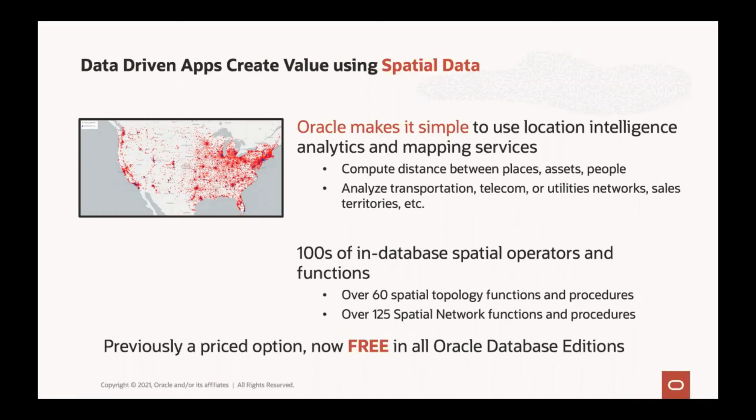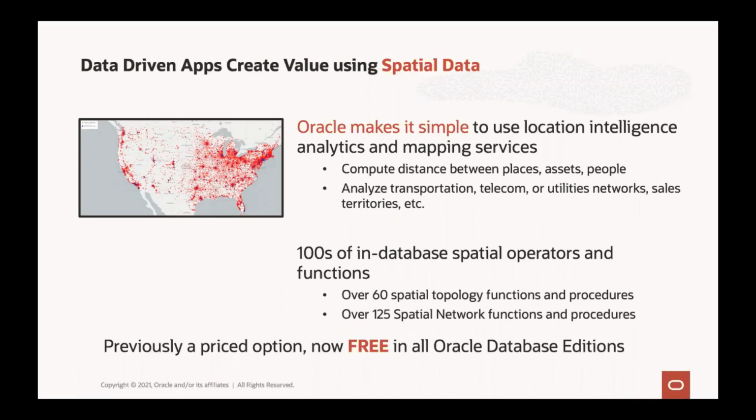We have over 60 spatial topology functions and procedures, and more than 125 spatial network functions and procedures. And this is also available for free with the database. It was an option before. I'm mentioning this because maybe if you used this before in Oracle 11G or even Oracle 12C, you know that you were supposed to pay an extra license for these features.